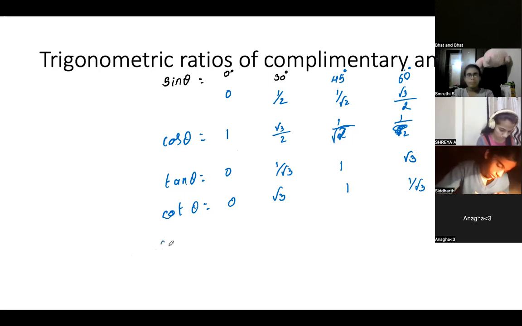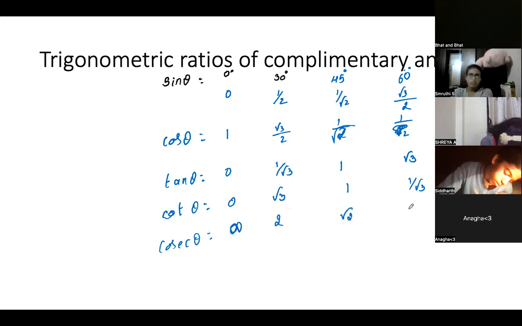Next, cosecant. Cosecant is infinity and then 2, root 2, 2 by root 3 and 1. Right? And what is secant? Secant theta is exactly opposite of this.